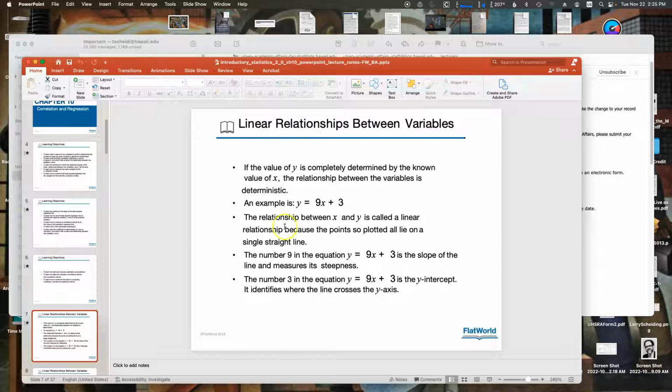And we can see that this is a linear relationship because basically every time we increase x by 1, it increases y by 9, because the slope factor here is 9. From this equation, we can see both the slope term, the 9, as well as the y-intercept, which in this case is 3.